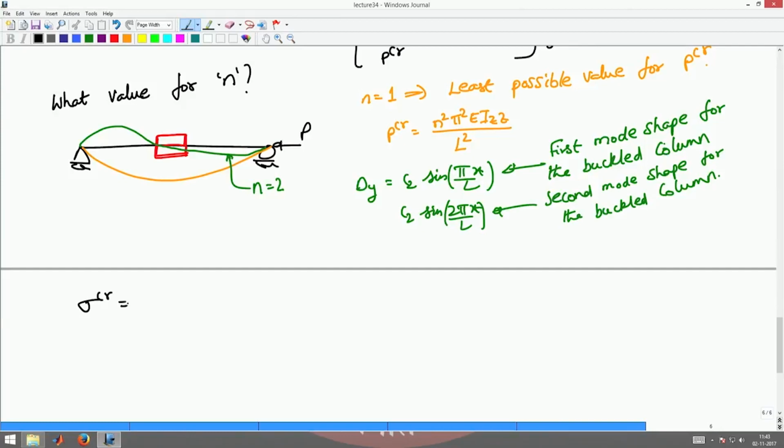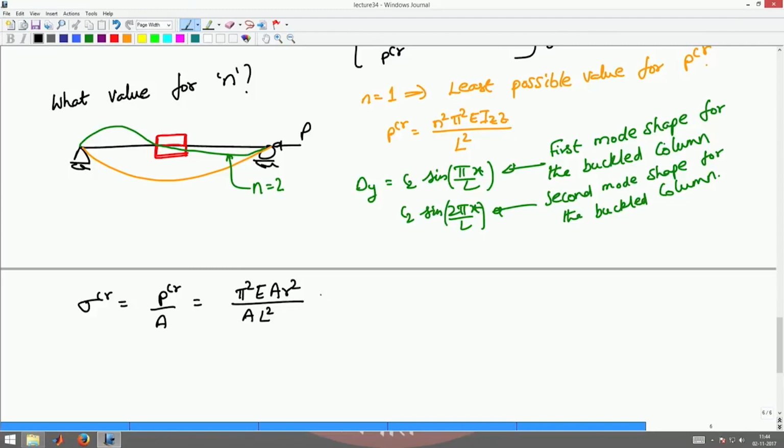Sigma critical would be P critical by A, which would be pi squared E, I write it as A r squared, divided by A into L squared. Basically, I have written the moment of inertia as the area of cross section times the radius of gyration squared, okay.